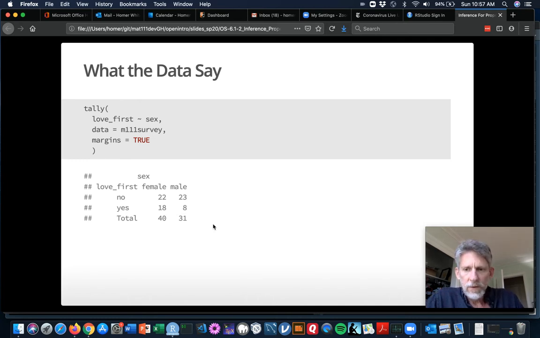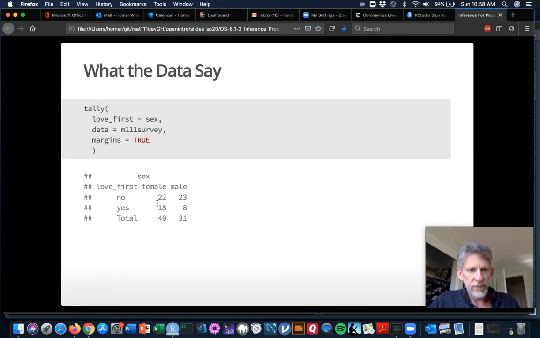So first of all, what did the data say? Again, back from early in the course, we can make a tally of love_first broken down by the grouping variable sex, as long as we say that those variables live in the M111 survey data frame. And we find the following.